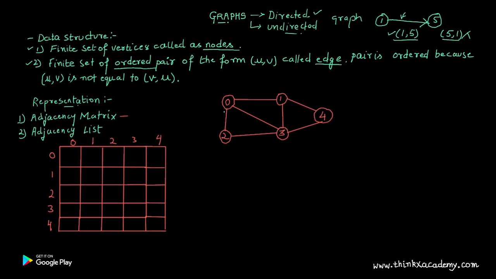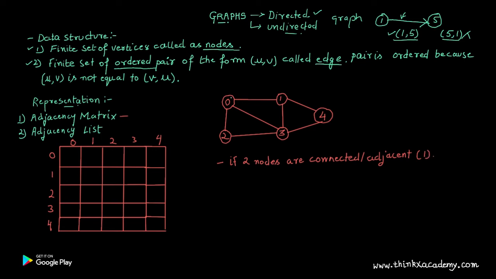So now what we are just going to do is, if two nodes are connected, or I should say they are adjacent, I'm going to mark that position in the matrix as 1.